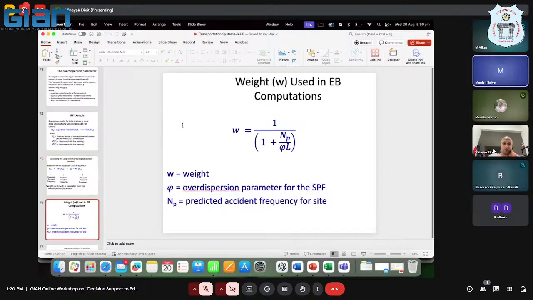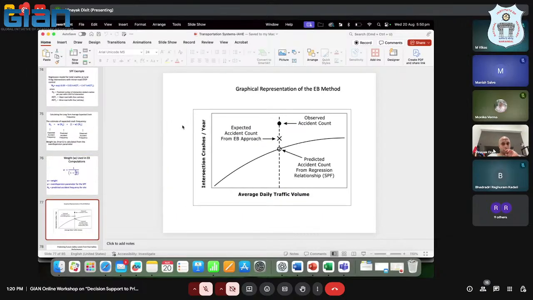Yes. Perfect. So this is giving you a graphical representation of the empirical Bayes approach. The reason why it's called empirical Bayes is because you are accounting for what is observed. From your safety performance function, you predict a number, right?